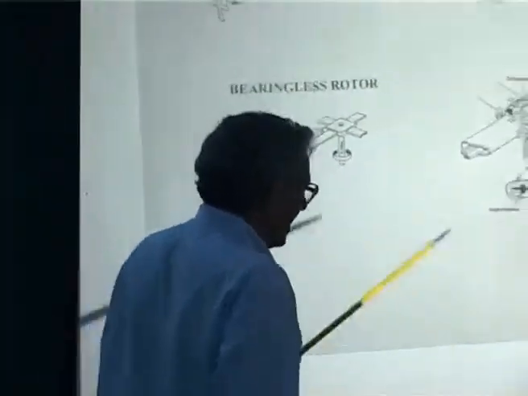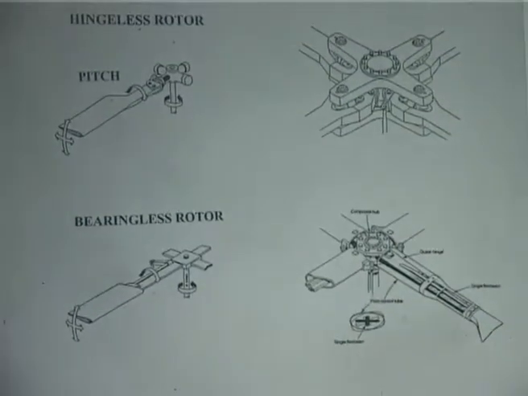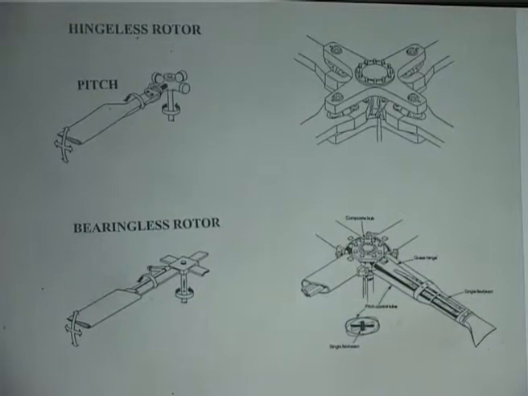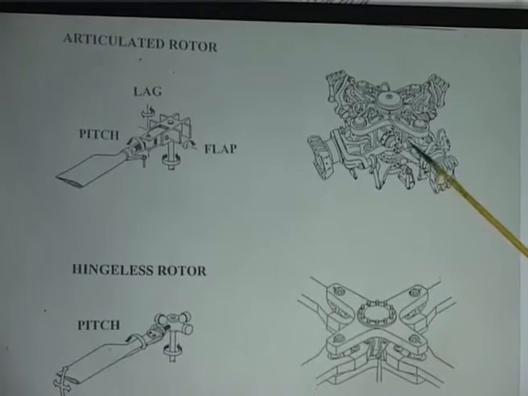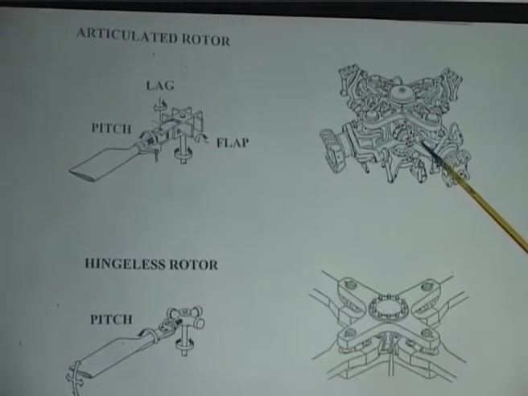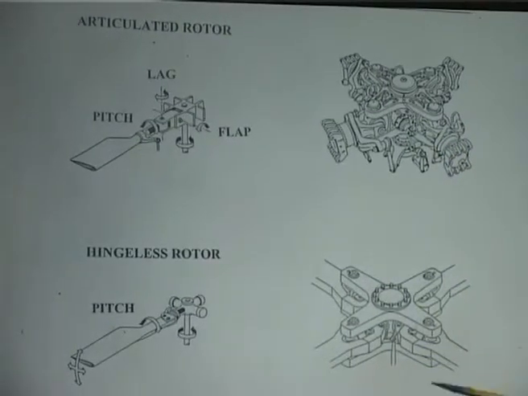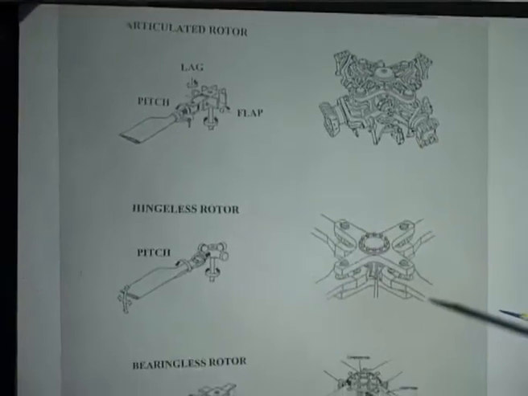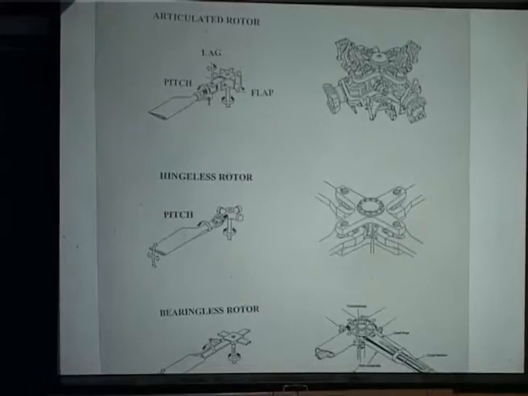Now, you see, this has a number of parts, less than 50, and there is no lubrication for this. So, you see the complexity of articulated, in the mechanical side, to the very compact, clean system of the bearingless.